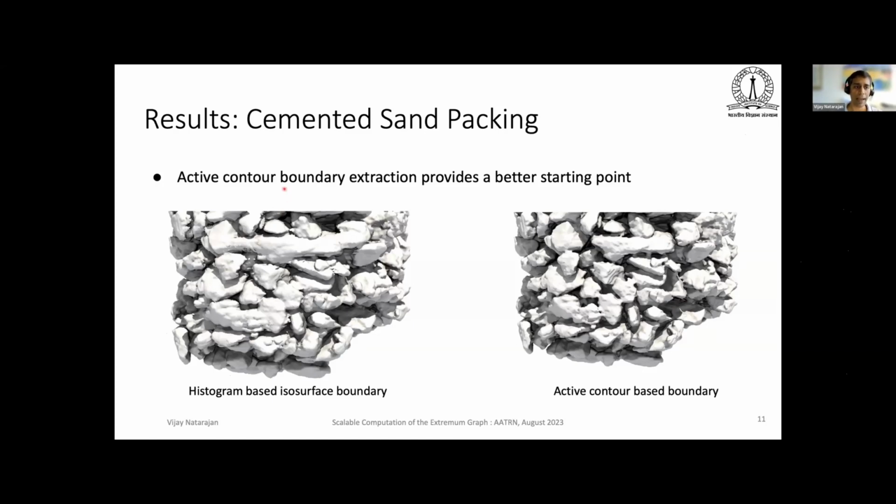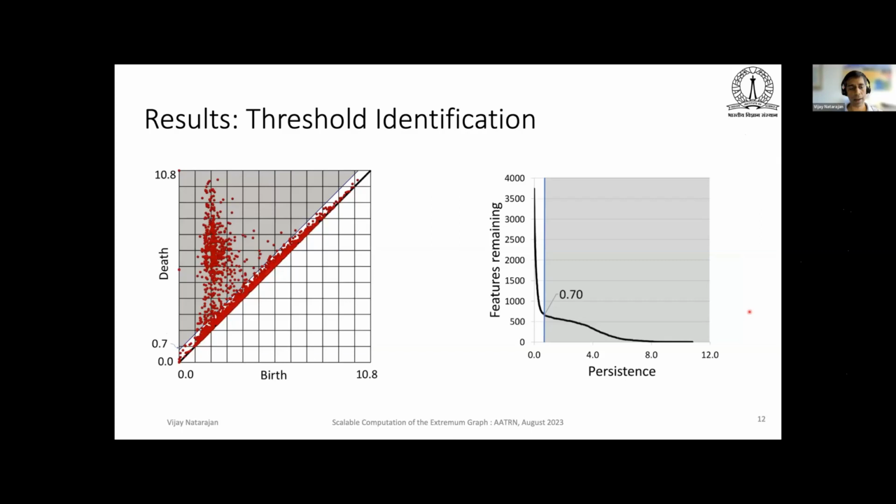Beginning with the active contour-based approach, which provides a better starting point as compared to the typical starting points used in related efforts, which is just based on histogram-based thresholding and so on. So the active contours give a good starting point, followed by the segmentation. Like I said, the persistence diagram and the persistence curve, the histogram, allow us to identify a threshold for removing noise.